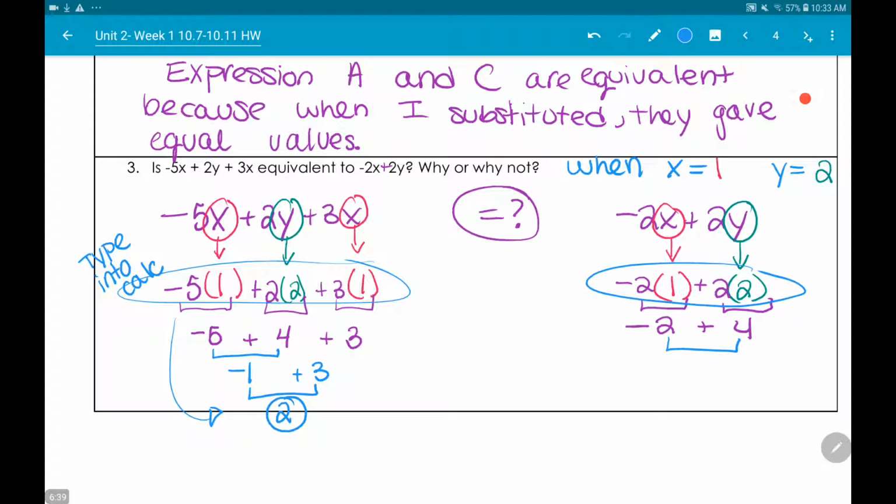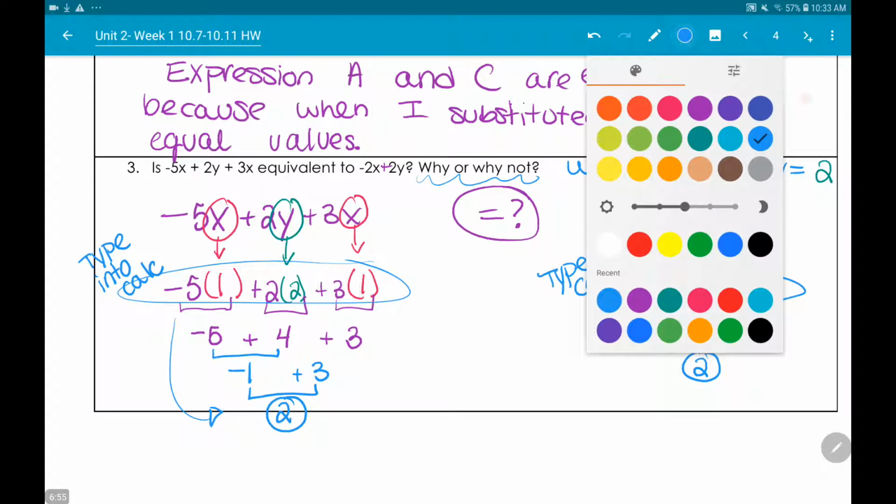All right, and same thing here. You could type this into the calc. Or you could break it down. Negative 2 plus 4 is positive 2. Okay? Are these expressions equivalent? Explain why or why not. What do you think?